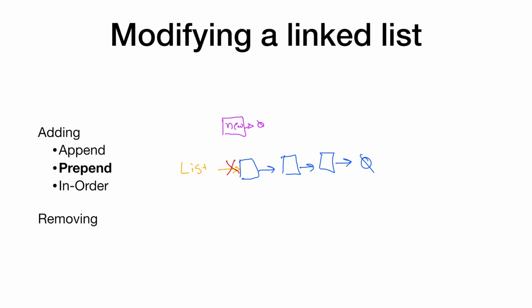We have list point to our new guy, and our new guy's next pointer points to what used to be list. Now we're prepending it. We're adding it to the beginning of the list. So now if you look at it, list points to the new guy, and then what used to be the first element, second, third, until it gets to the end. So appending adds to the end, prepending adds to the beginning.